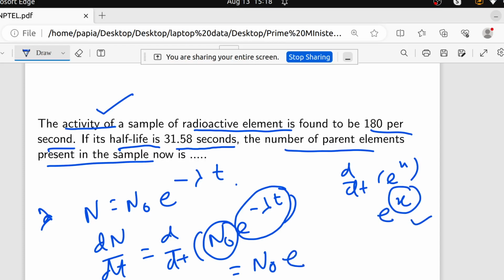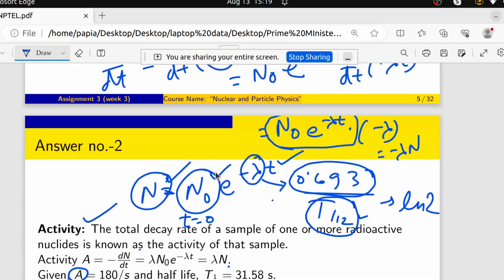Similarly e to the power minus lambda t comes as it is, but the exponent minus lambda t is differentiated again. What is d/dt of minus lambda t? Minus lambda. So it is N0 e to the power minus lambda t into minus lambda. This portion is again N, so minus lambda comes out. Did you get it? Yes, ma'am. Okay, thank you.